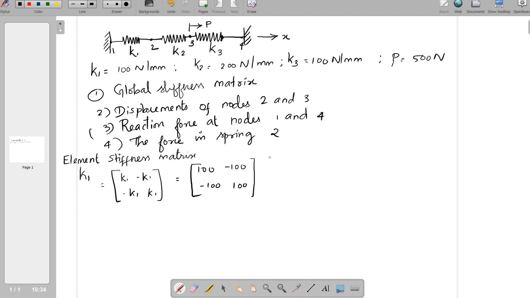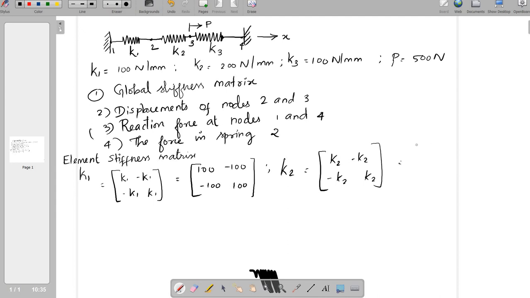Similarly, we can formulate for K2. The matrix form of K2 is K2, minus K2, minus K2 and K2.